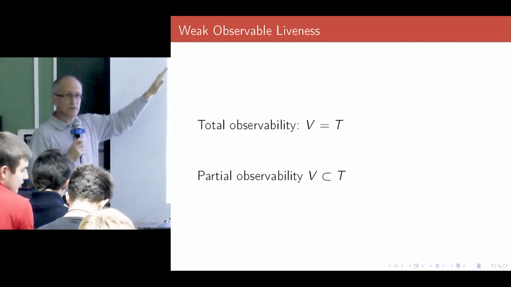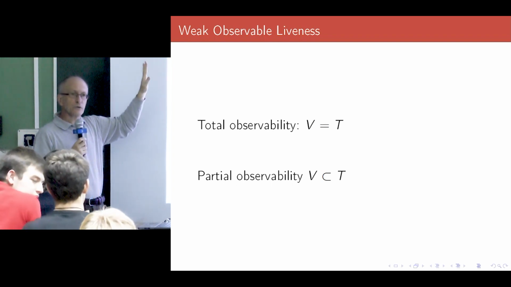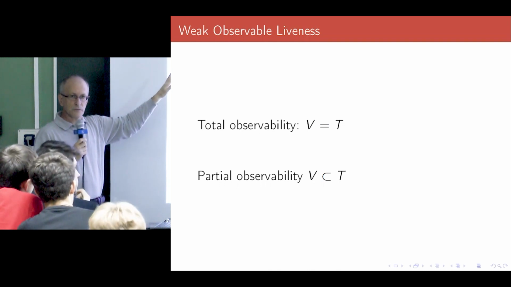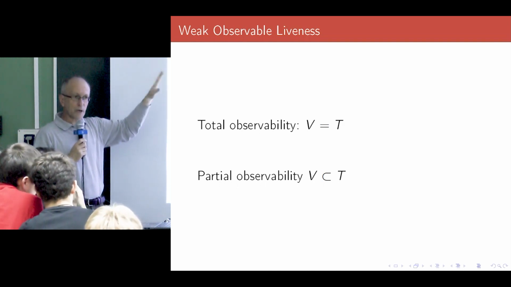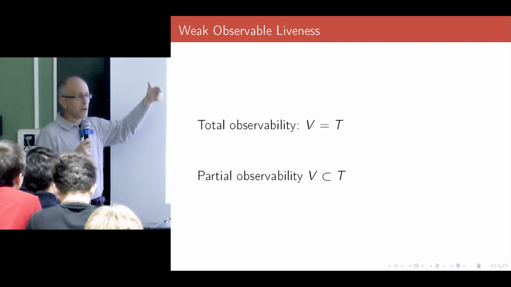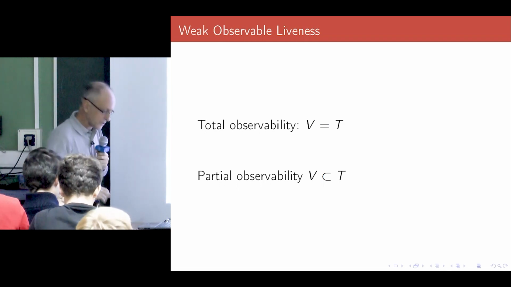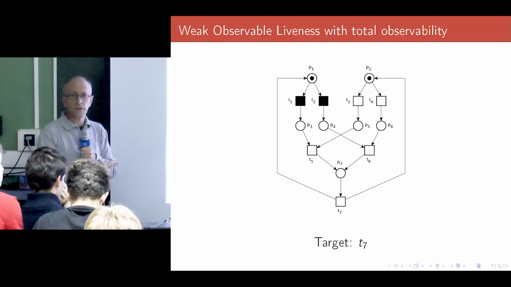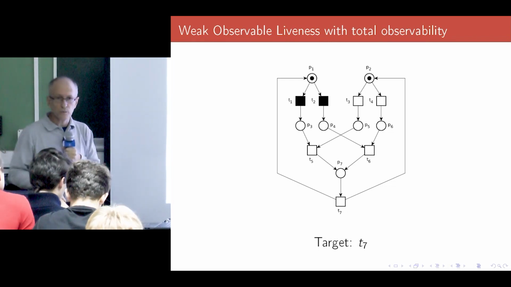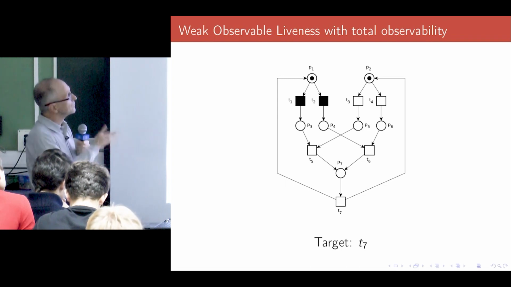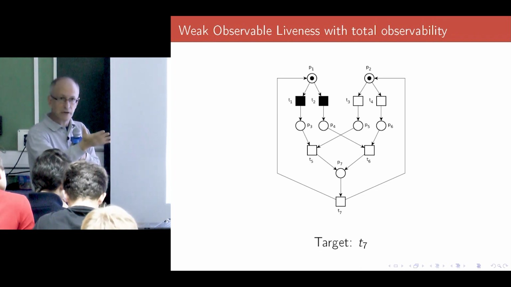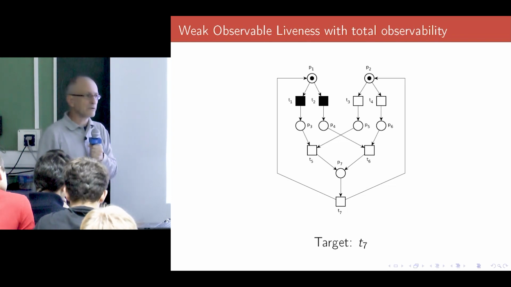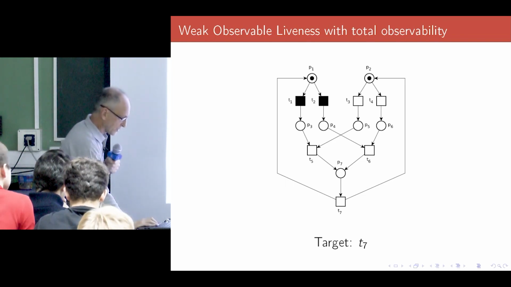So we suppose that now the player can observe all the transitions, so can use the full information about what happened, and we'll try to define a strategy for this case. And then, in this example, we have already seen what is the best strategy. Wait for the environment to choose between T3 and T4, and then make the right choice between the controllable transitions.